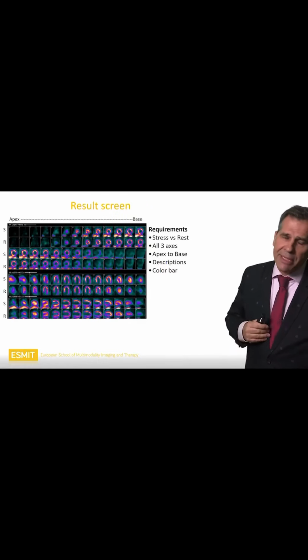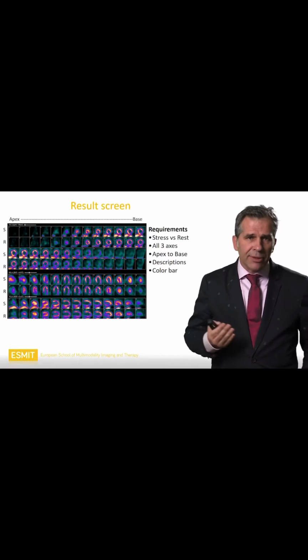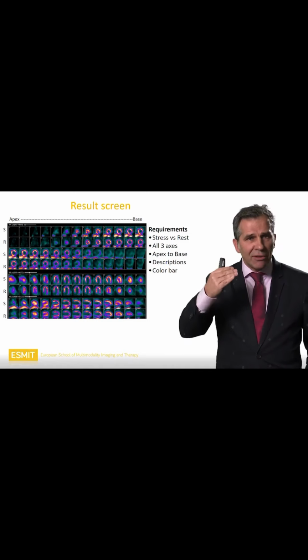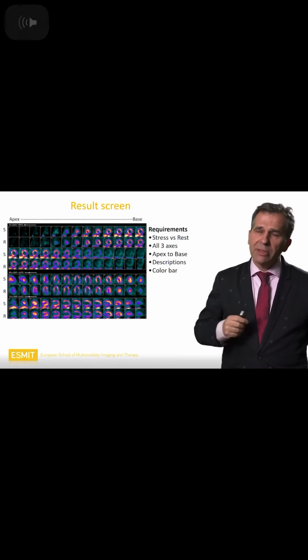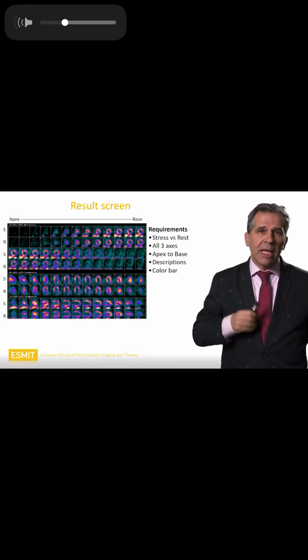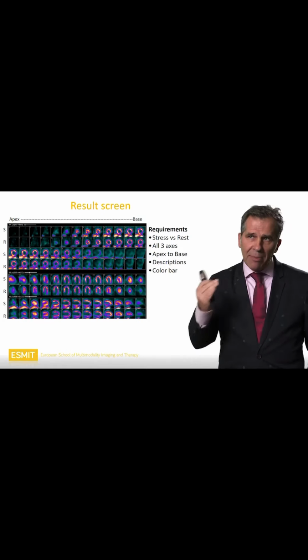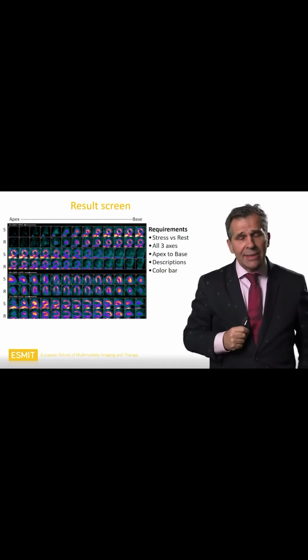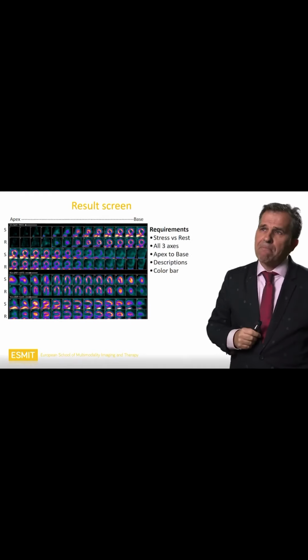For example, this is the classic result screen from the apex to the base, from stress and rest condition for one patient. And we have to check every image from the apex to the base for the short axis, but also for the horizontal axis and for the vertical axis.